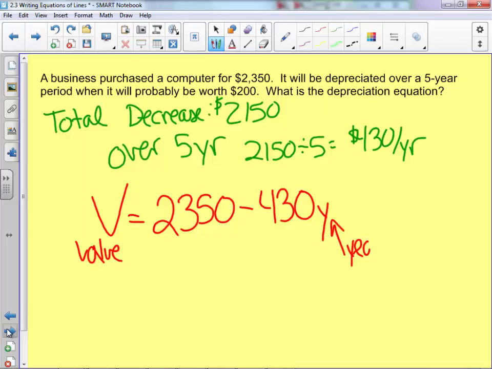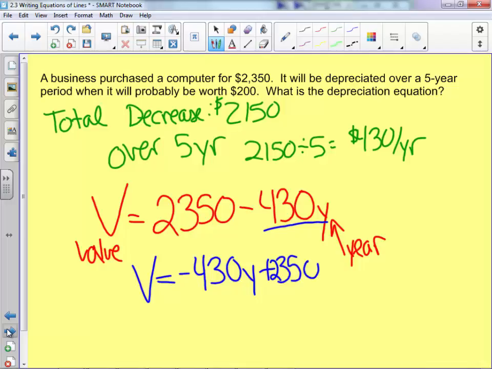And that's why we wanted to know how much per year, because now, no matter how many years it asks for, we can go ahead and plug that in for our y, and we'll have our amount ready to go. Another way of writing this is so that our variable is first, like it was in our slope-intercept. You could rewrite it like this, but these are the same. So it doesn't matter.